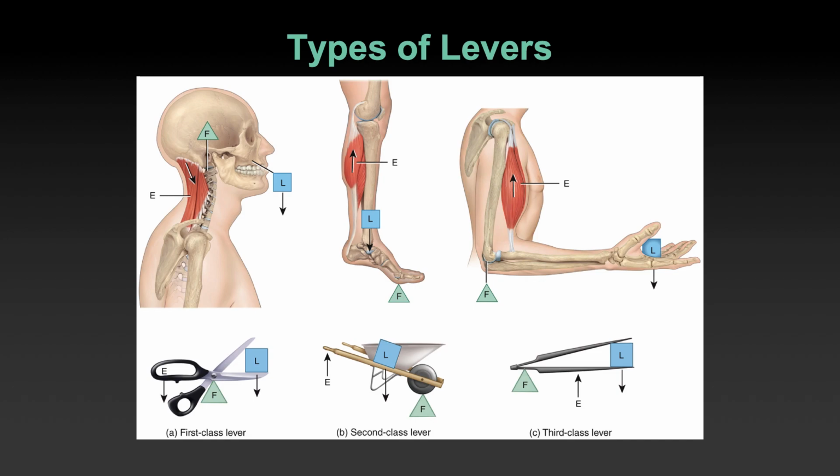In the second class lever, the load is between the effort and the fulcrum. And in the third class lever, the load is outside, on the other end of the effort and the fulcrum. This is not so important for our class. Just understand that there are multiple types of levers.